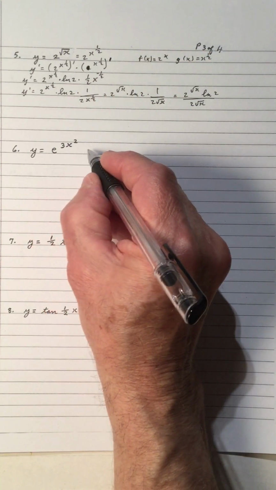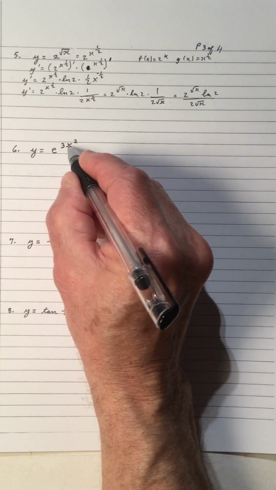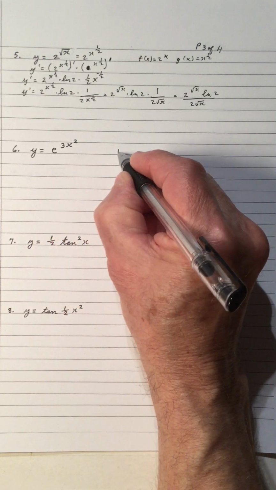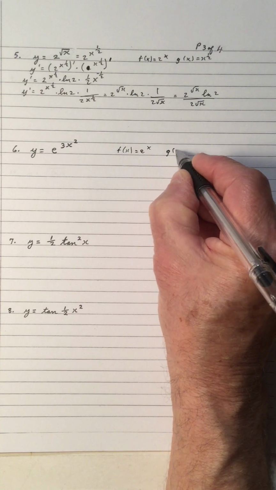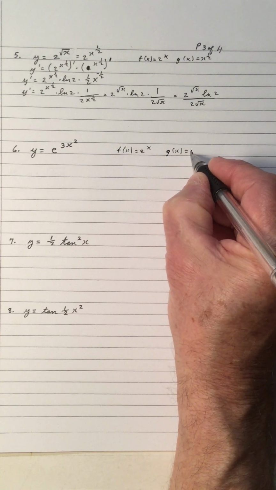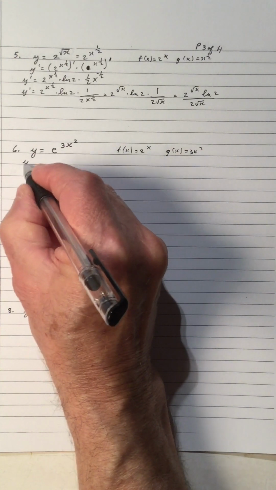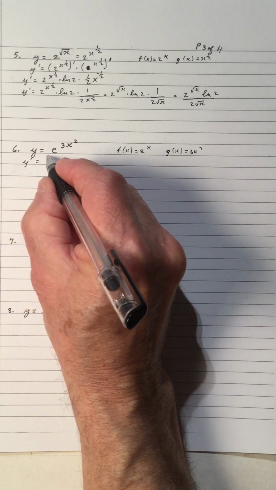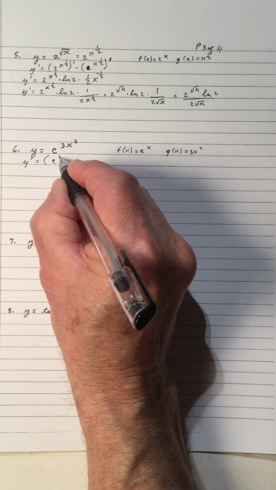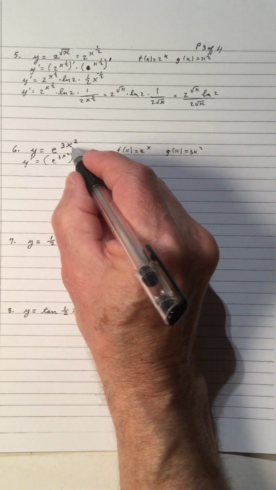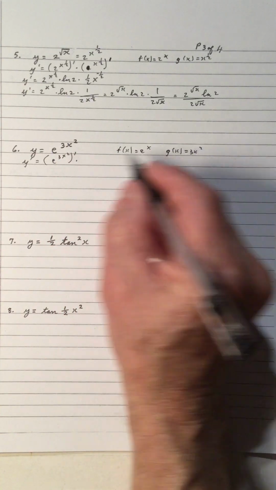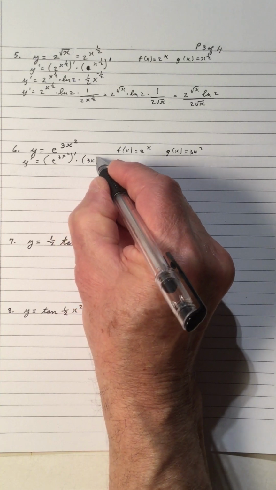I have another one. So again, we have an example. We have, again, f of x is e to the x. The g of x is 3x squared. So y prime is the derivative of the function we see, and the derivative of the g of x, which is 3x squared.